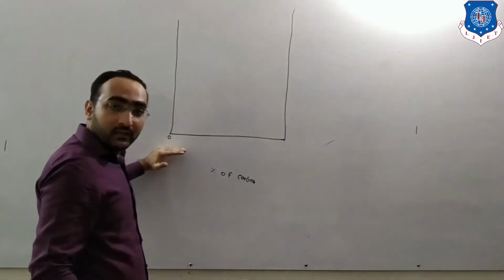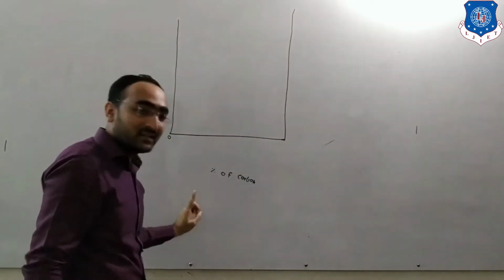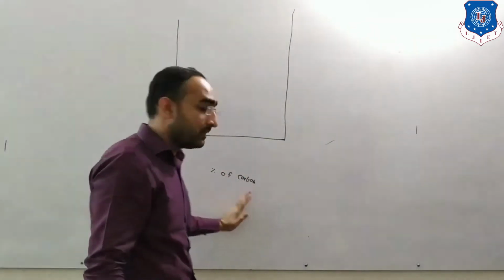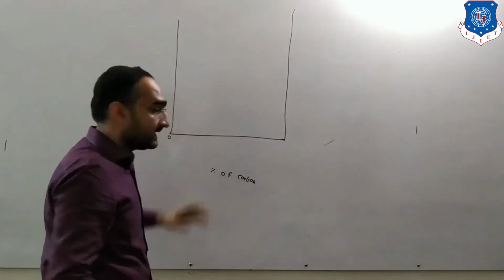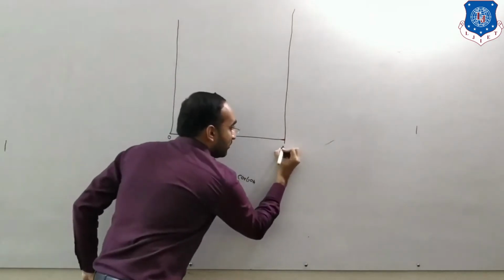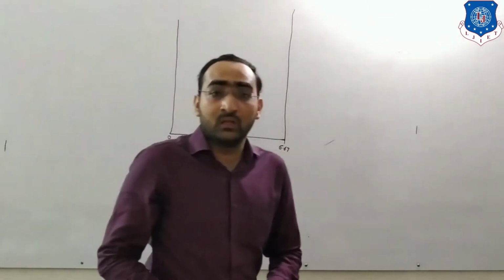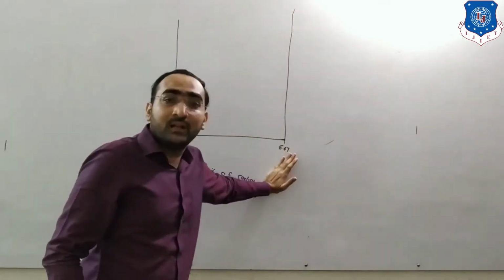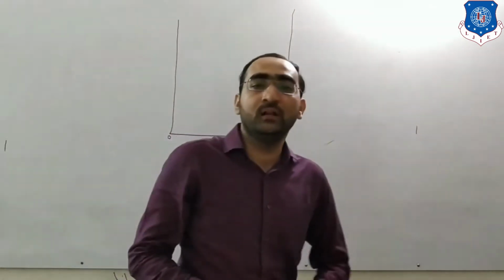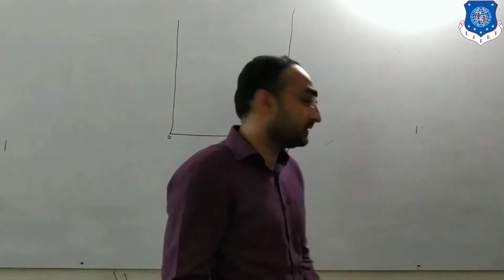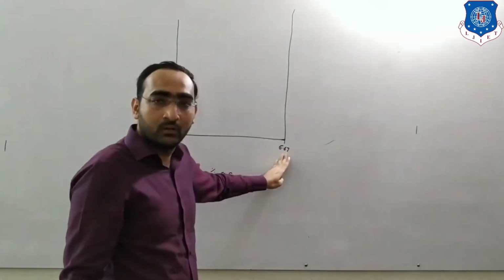This horizontal line indicates percentage of carbon. The x-axis indicates percentage of carbon. Here there is 0% carbon, and this line shows you 6.67% carbon. 6.67 is basically the maximum solubility of carbon in iron. Why?